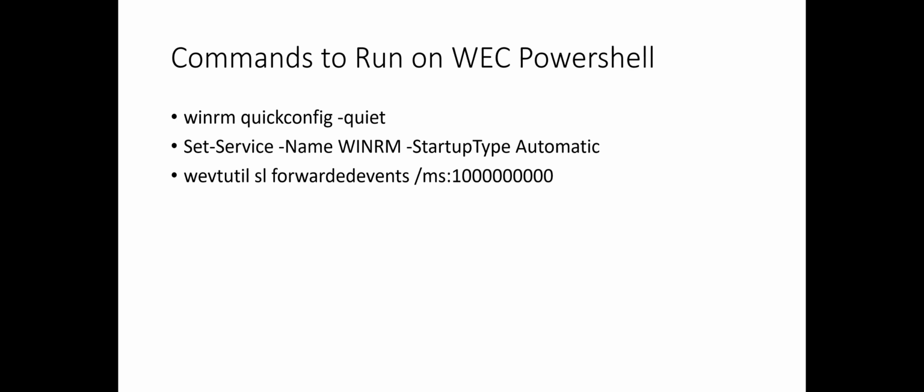These three commands need to be run on each WEC. The WinRM command will tell you whether remote management is installed or not. Then there's setting the WinRM service on the WEC, and then the wevtutil command for forwarded events.